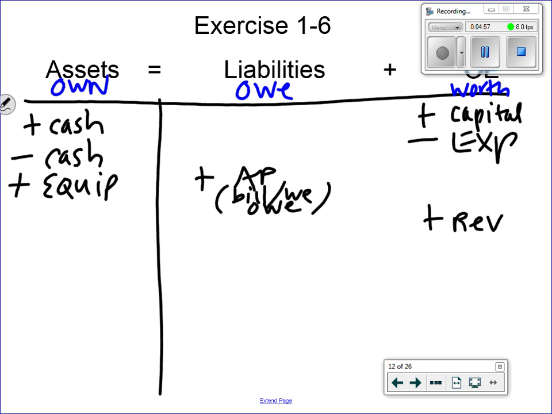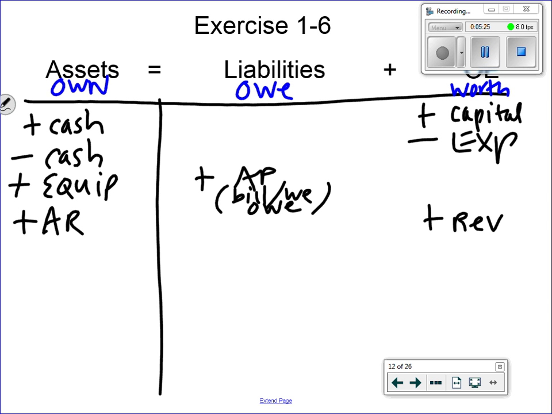We made money. In this case, did they pay us money yet? No. So if you knock on the door of a landscaper and say, hey, can you redo the rock and add some pavers and plant some shrubs for me? They come and do the work. AR also goes up because that customer is going to owe us money.